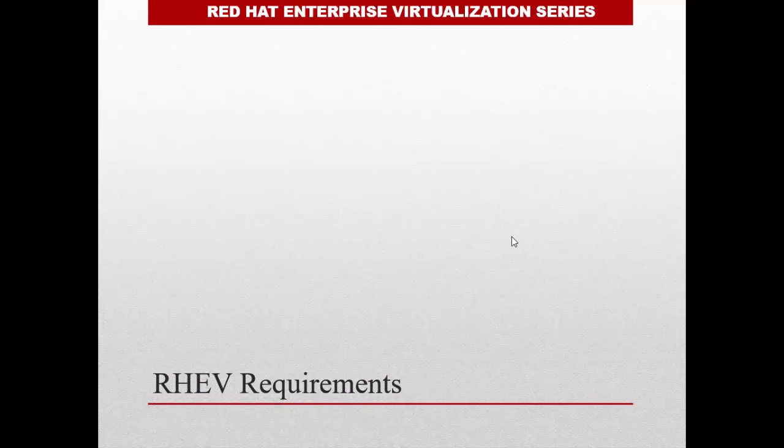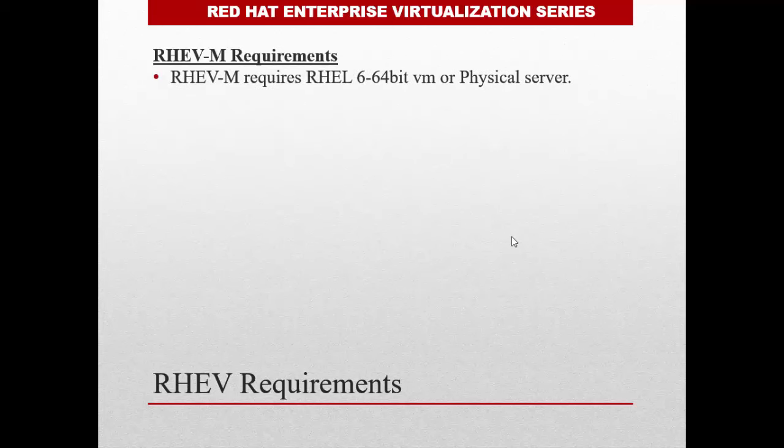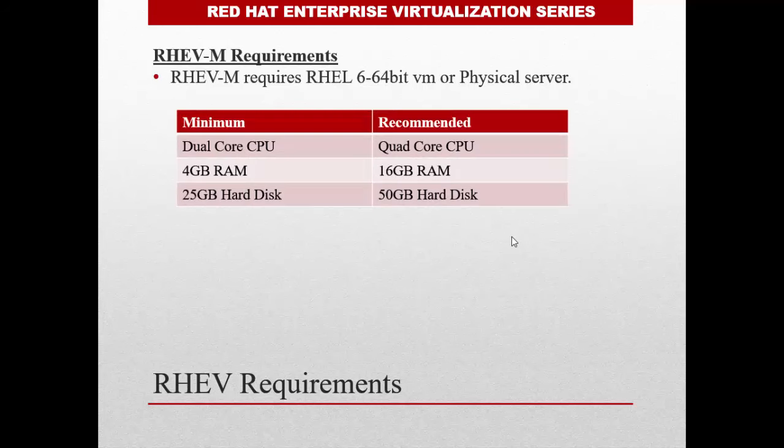So let's see about the RHEV requirements. The manager has a set of requirements and the hypervisor has a set of requirements. RHEV-M requirements are: it needs a RHEL 6 64-bit, either a virtual machine or a physical server, and these are the minimum and recommended resources that it needs.